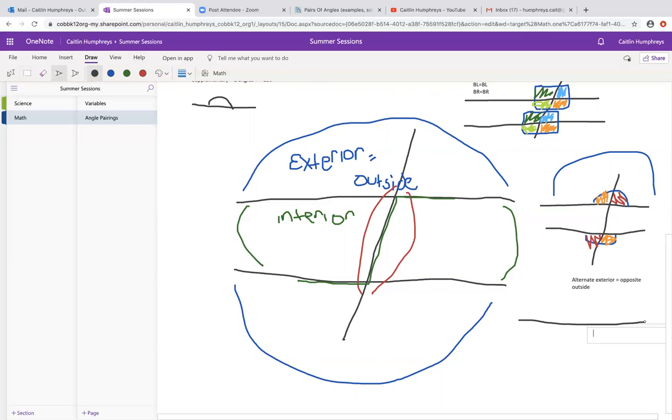So we know that when we're looking at interior, we're looking at these 4 angles right here, and they said opposite. So I'm gonna go this one and this one.